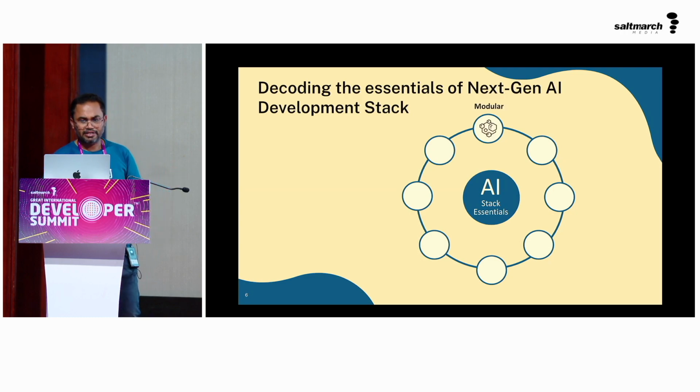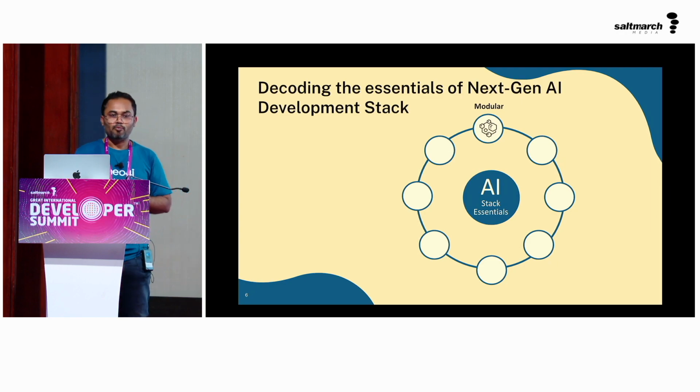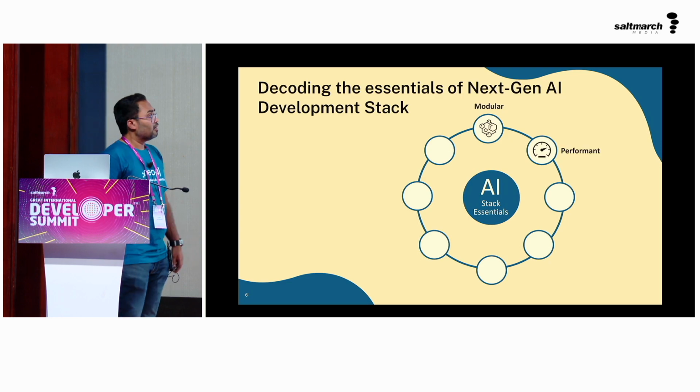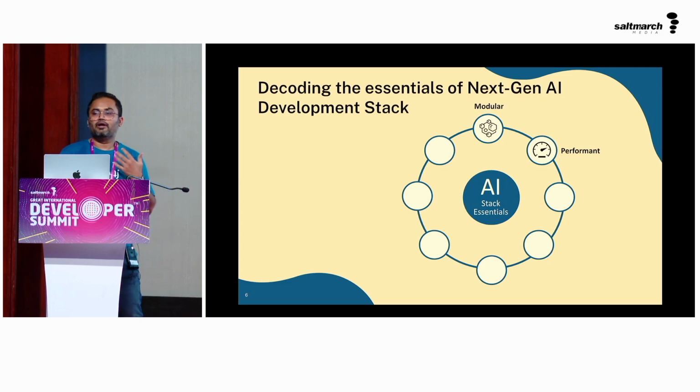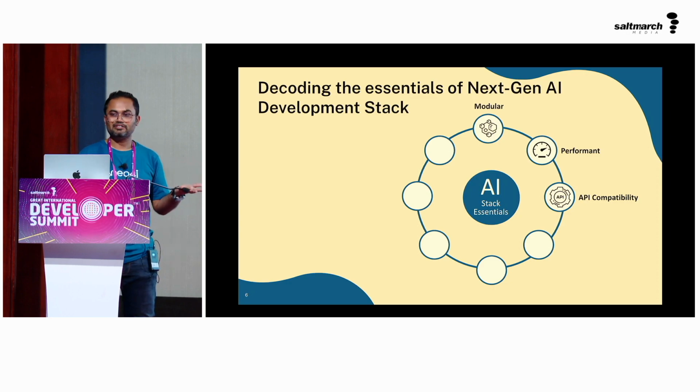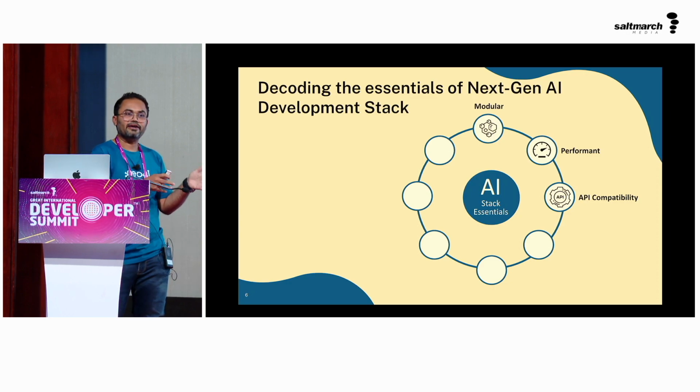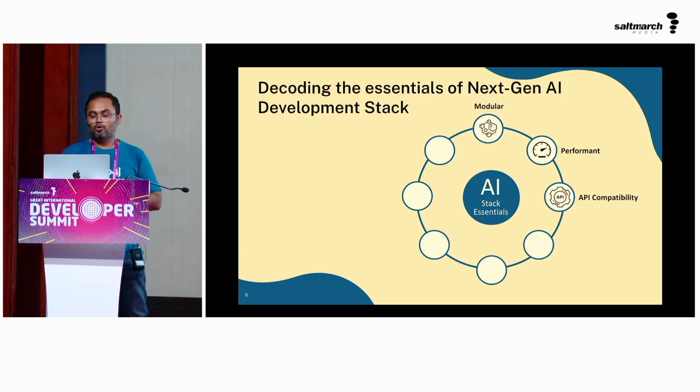The first is that whatever stack you use, it should be modular so that when you work across multiple parts of your AI components, they work in harmony. The second is it should be performant. That means when you run the AI models, they should be able to run seamlessly on your local machine as quickly as possible. Third, they should support RESTful API services so that they can integrate with the other AI services within the stack.